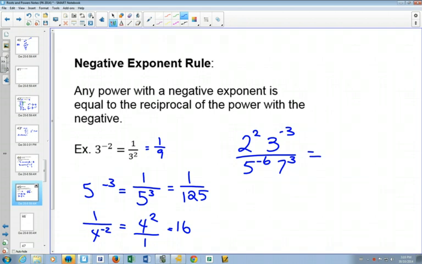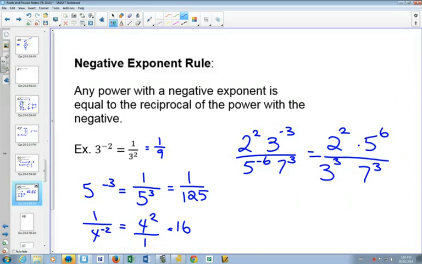So which ones are going to get moved? If you want to write them all with positive exponents, so you can actually understand this, the 2 squared isn't going to get moved. Neither will the 7 cubed, because those ones are already positive. The 5 to the 6 will be up there, and the 3 to the 3 will be down there.